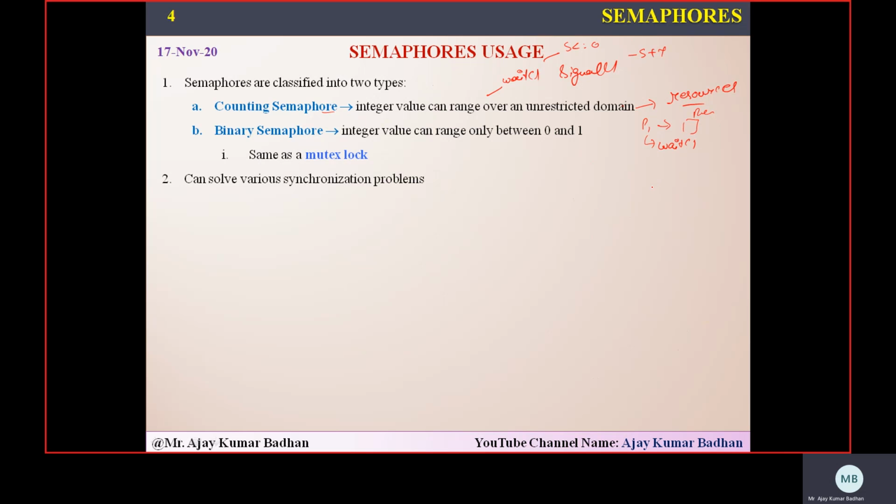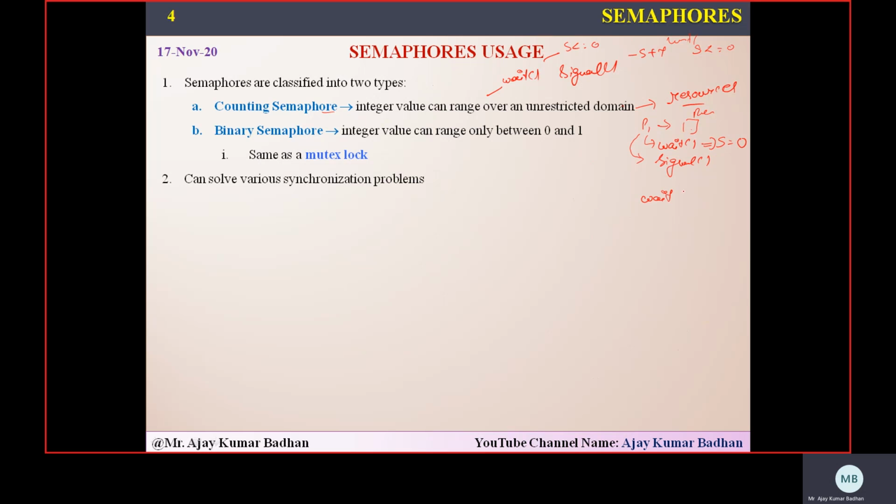Whenever a process completes execution and releases that resource, it will call a signal operation. Whenever the count of that semaphore becomes zero, that is, in the wait, if S becomes zero, that indicates that all the resources are being used. That's the reason we have used S less than or equal to zero in the wait operation, isn't it?